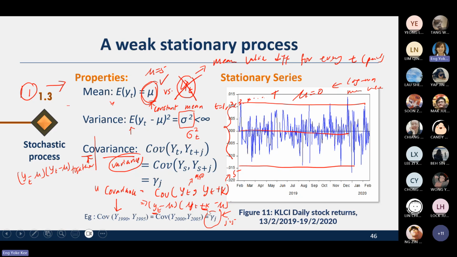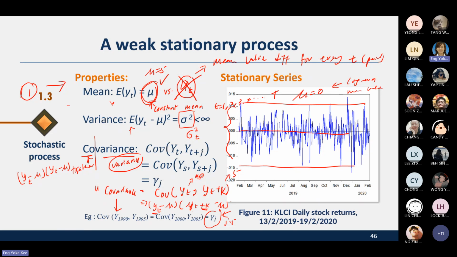So the value must be more or less also 8. This is what we mean. Constant means constant variance, constant covariance. So for a typical weak stationary process, the data must show you this pattern.